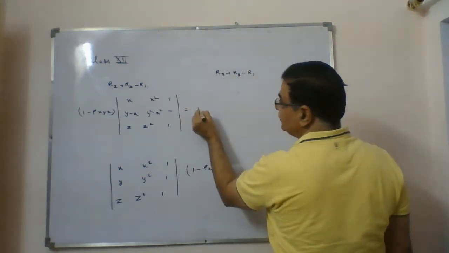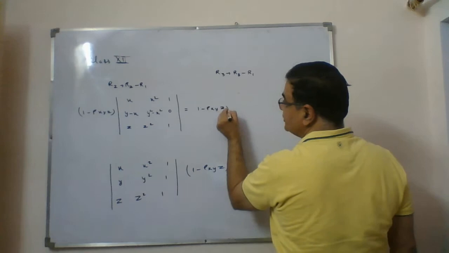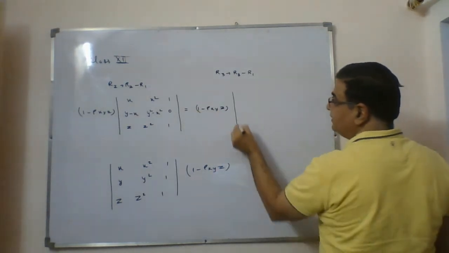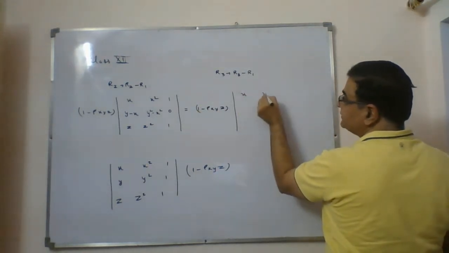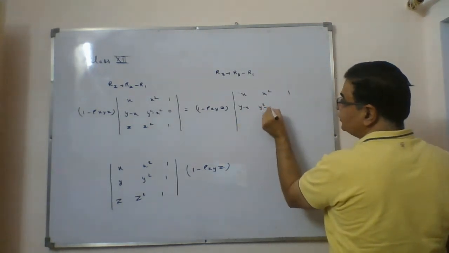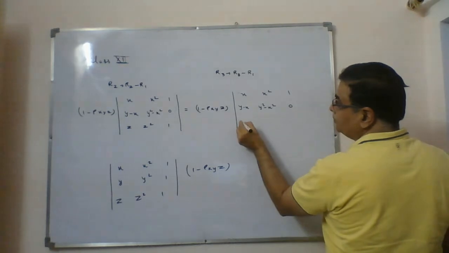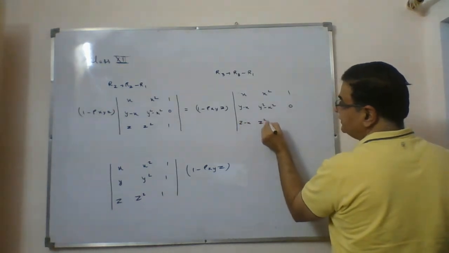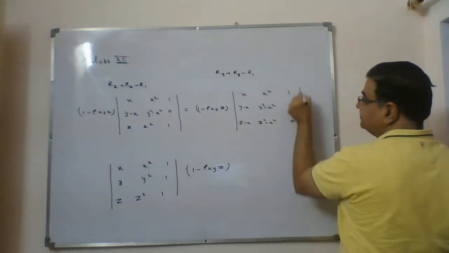When you do this, it will be 1 minus pxyz, and then it will be x, x square, 1, y minus x, y square minus x square, 0, z minus x, z square minus x square, and 0.